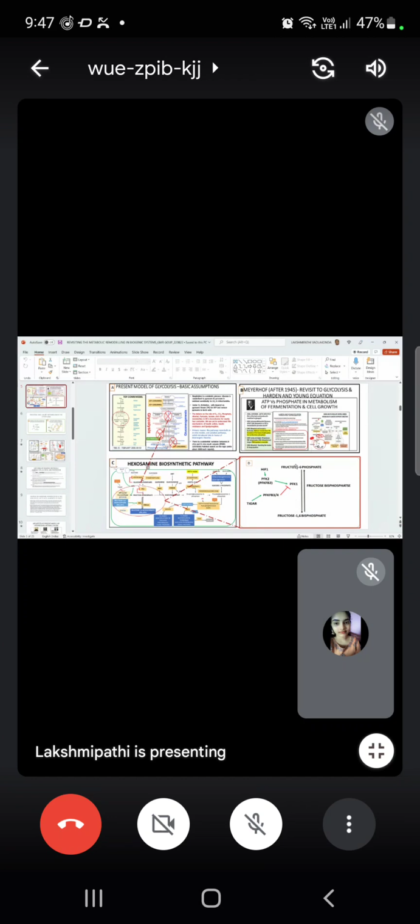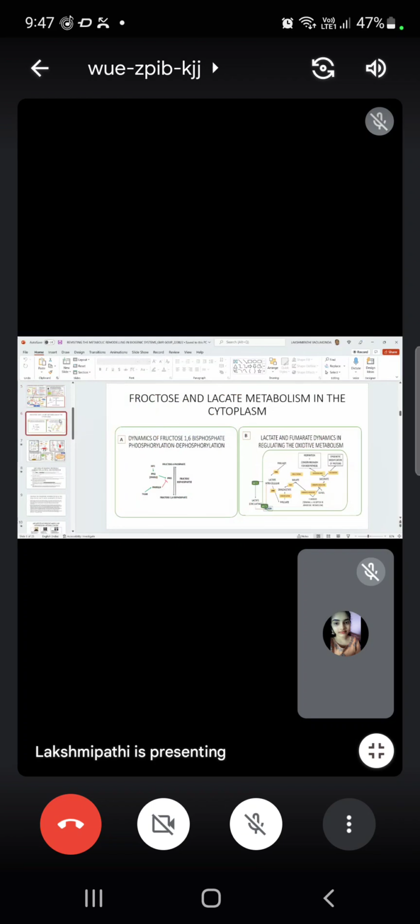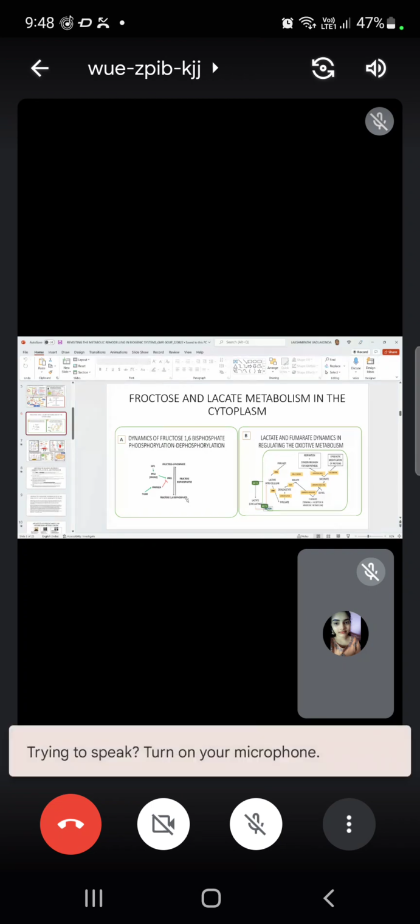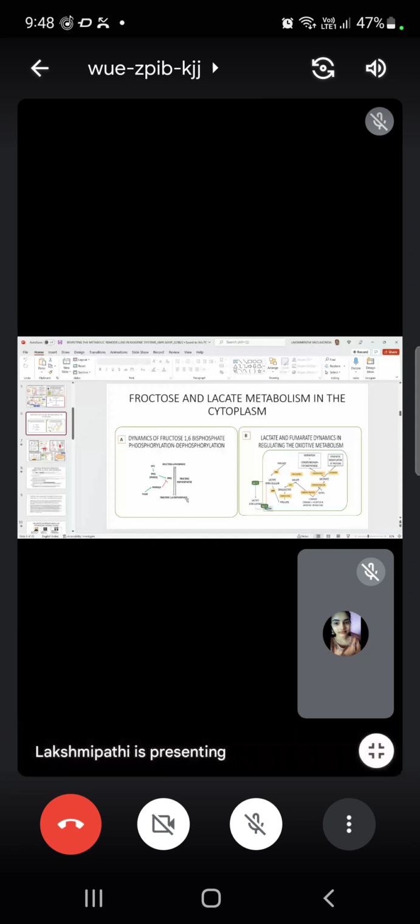This shuttling between fructose 6 phosphate and fructose 1,6 bisphosphate is important, right? I am highlighting here in the second slide that this forward direction of fructose 6 phosphate to fructose 1,6 bisphosphate is controlled by two different proteins. One is HIF1, which is a hypoxia inducible factor.